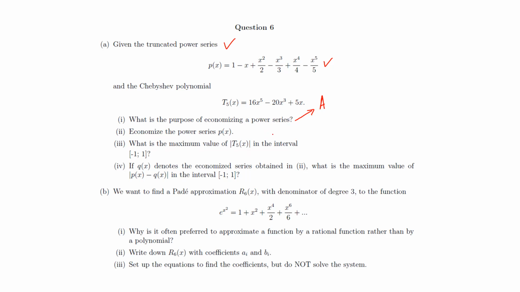So in other words, the idea of an economized power series gives the same accurate results as the original series, but the terms are fewer.